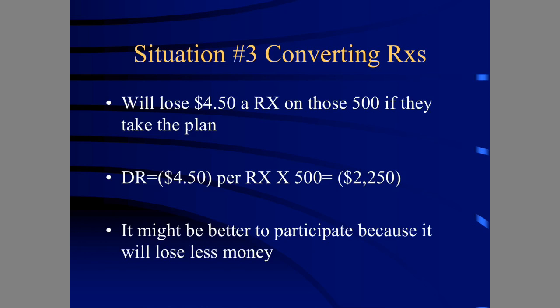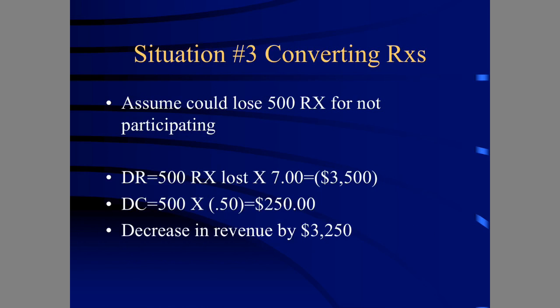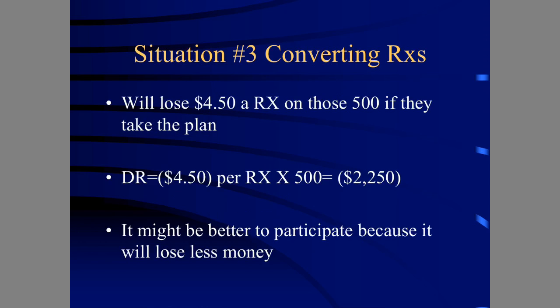So if you take a look, that means that even though I am decreasing my revenue by 3,250, I'm still making some profit, versus if I didn't participate, I would lose all that profit to begin with.